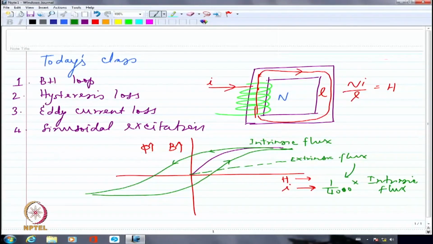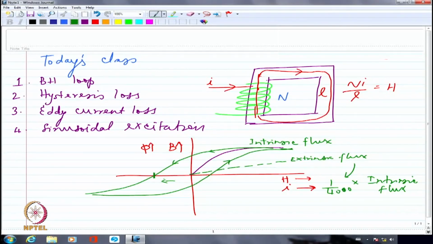But when I try to increase the current in this direction further, this current is going to do some work on these domains, because of which they are realigned in the opposite direction. At this point, some of the domains which are more obstinate are probably going to stay in the original direction. But some of the domains which have been coerced to some extent would probably realign along the reverse direction.